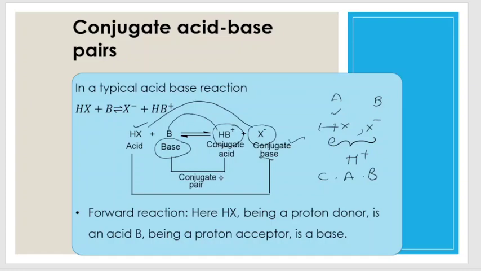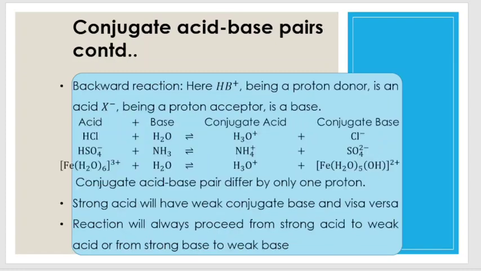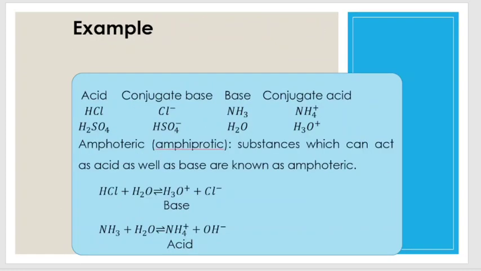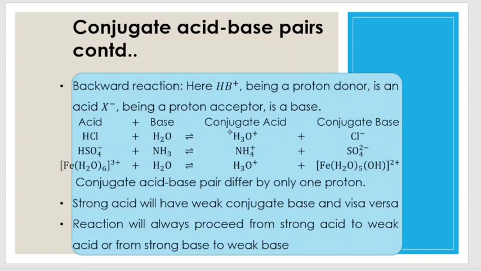Here it is very important to be able to write the conjugate acids and bases of some of the ions. So let us see how to write them. Suppose we consider HCl, with H2O as the base.